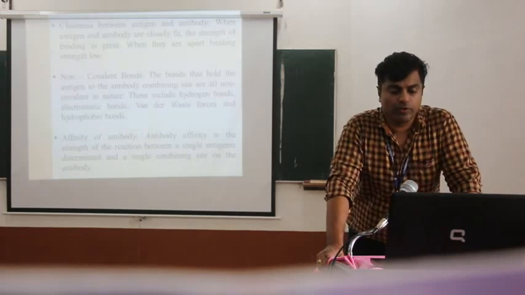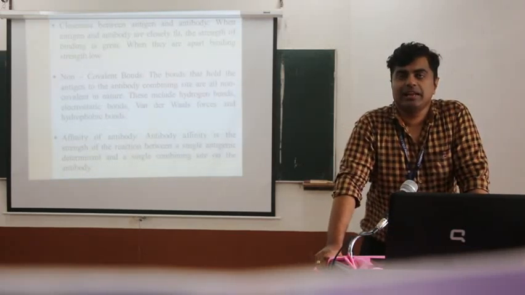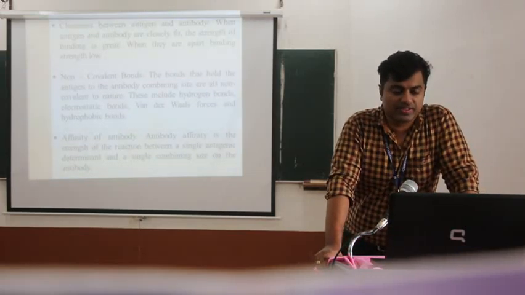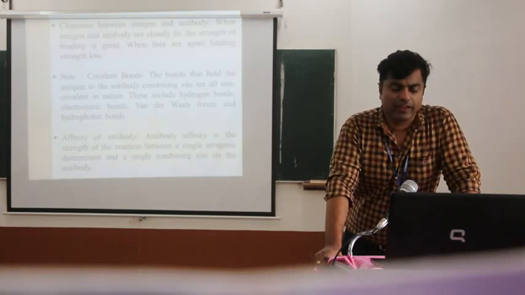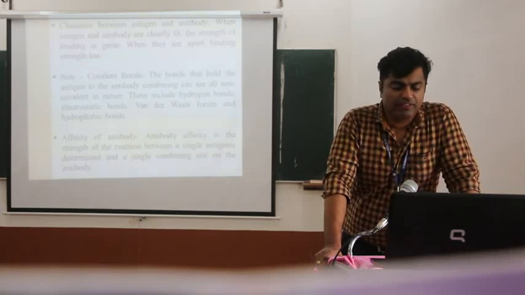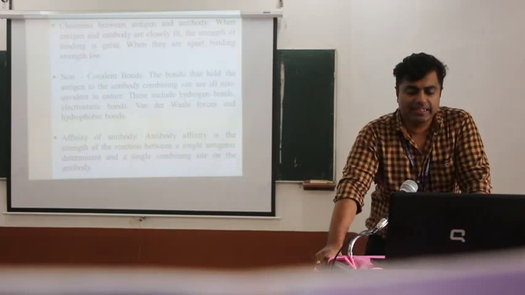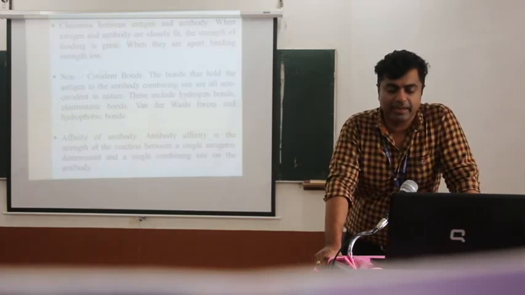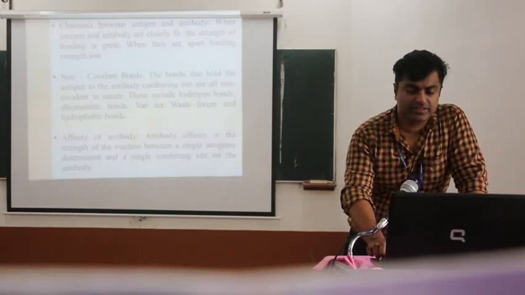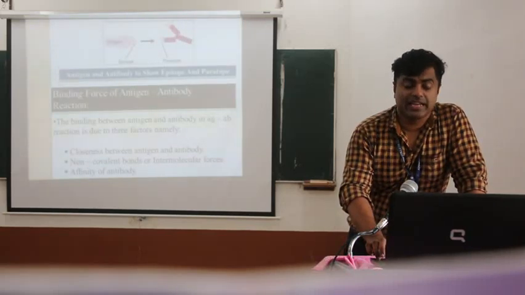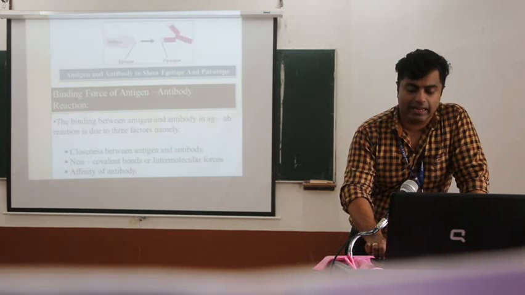The non-covalent bonds which help in antigen-antibody reactions are hydrogen bonds, electrostatic bonds, van der Waals force, and hydrophobic bonds. Antibody affinity is the strength of the reaction between a single antigenic determinant and a single combining site on the antibody. So these are the three factors which help in the binding of antigen and antibody.